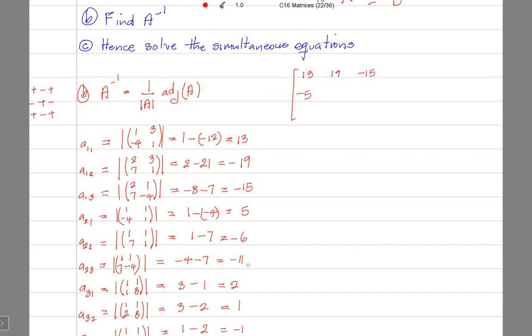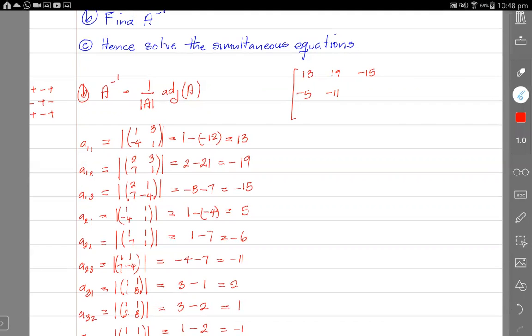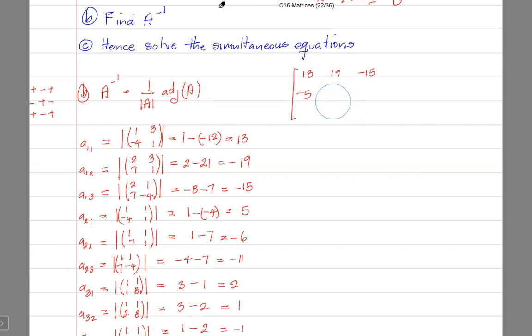Positive minus 6 is minus 6. Negative minus 11 is positive 11.